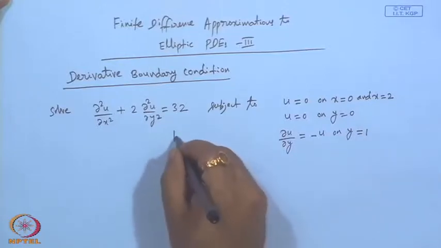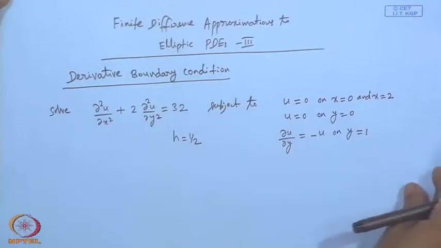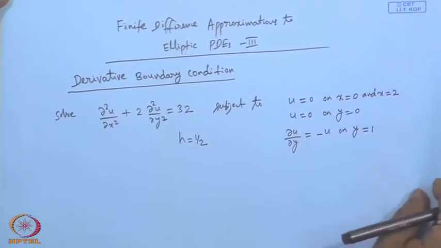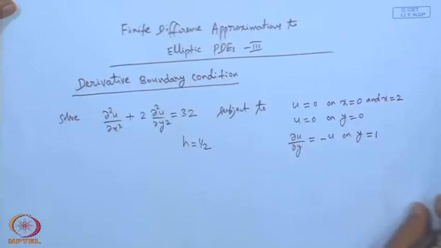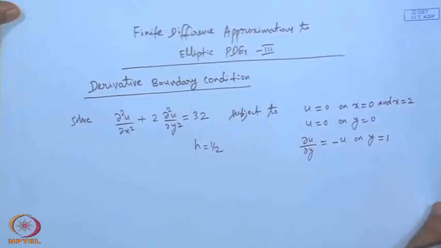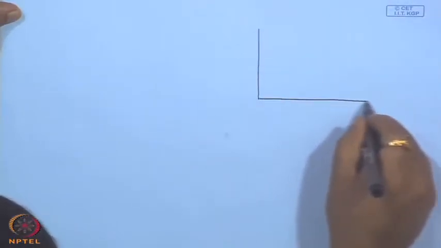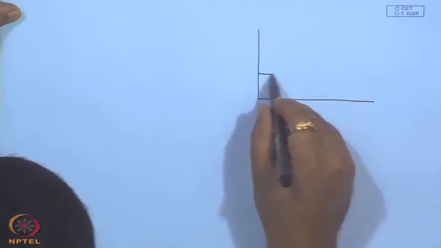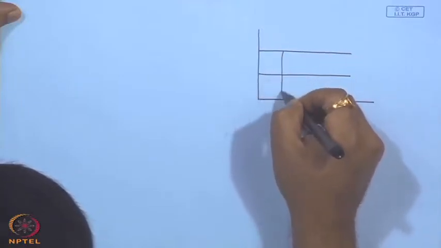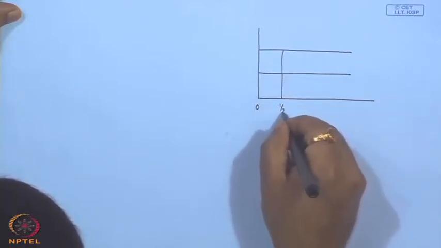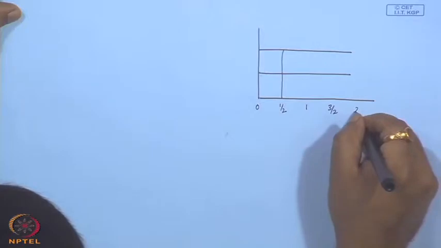And say h is half. So, with this the grid becomes, so you remember x is 0 to 2 and y is 0 to 1. So, it is rectangular and h is half. So, the grid becomes 0, half, 1, 3 by 2 and 2.